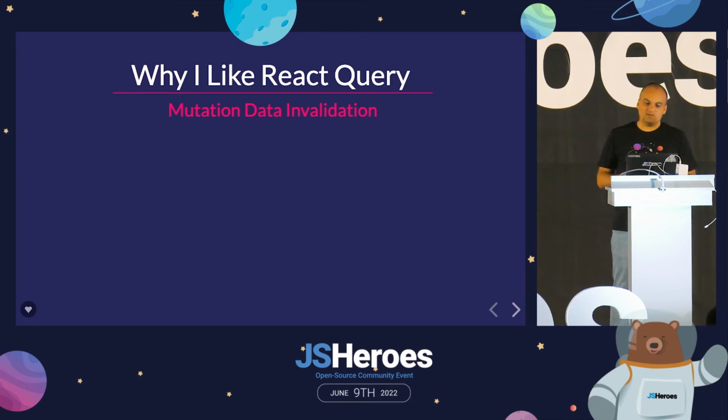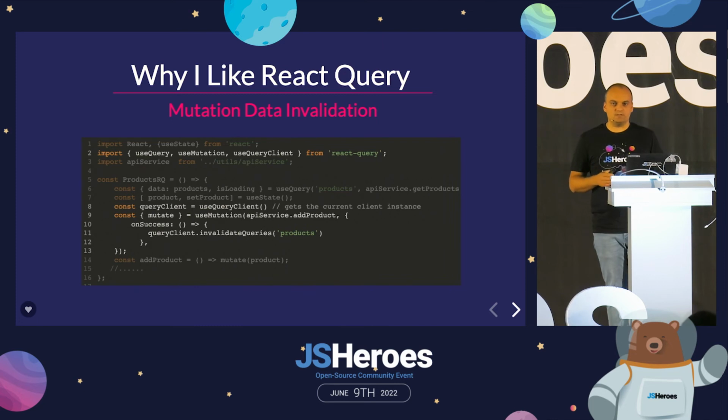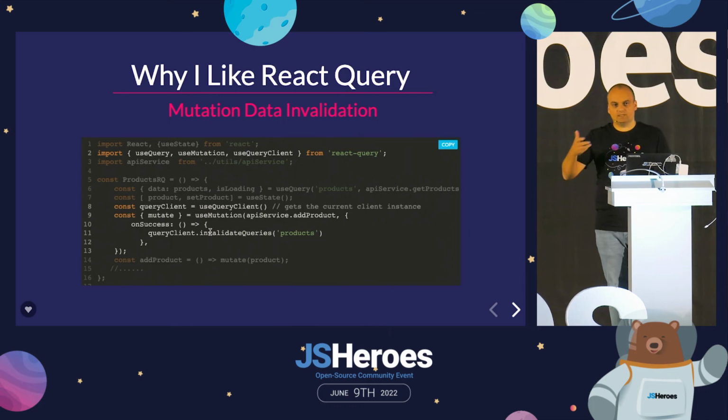For example, here we have an example of a mutation that is used to add or modify some data in the server state, so basically in the backend. And what I like a lot is that after we do the call and we add the product, we can easily invalidate the data.